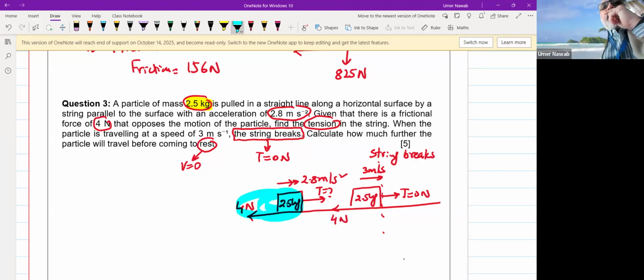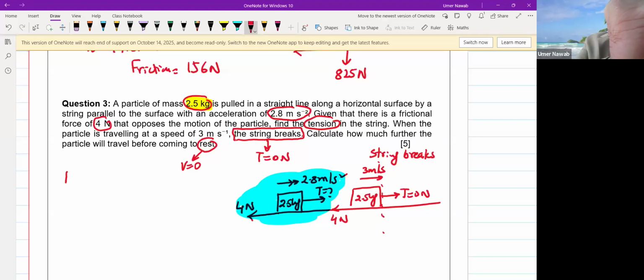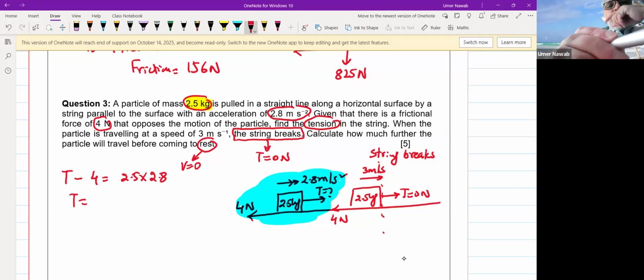So firstly, guys, my request is to focus only on this part. Apply Newton's second law. Newton's second law says that tension minus 4 newtons is equal to mass times acceleration. Now, try to calculate your tension by using your calculator equation solver.